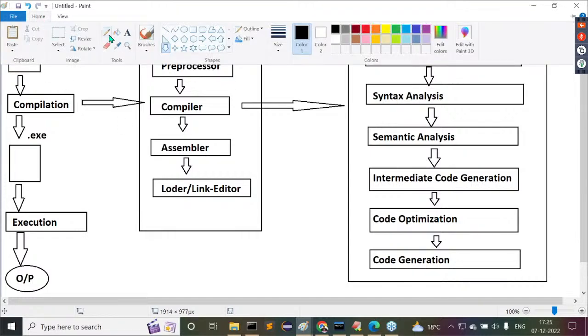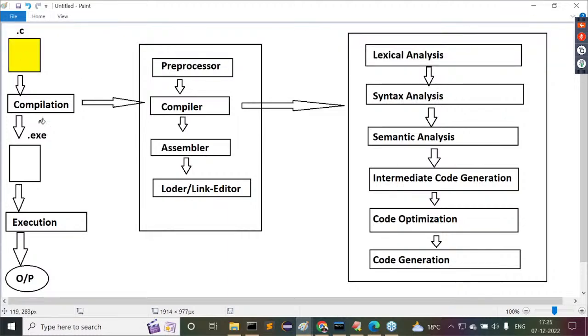First, here what we have taken is compilation. Next, .exe files we are getting as output. Compilation is nothing but the preprocessor, compiler, assembler. If you observe the compiler, we get the lexical analysis phase, syntax analysis phase, semantic analysis phase, intermediate code generation, code optimization.